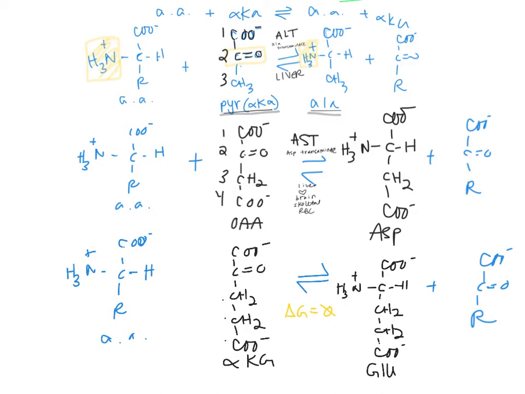So if you have a high concentration of alpha-ketoglutarate, then with Le Chatelier's principle, the reaction is going to push towards products and you'll get glutamic acid. If you had a high concentration of aspartic acid, then with Le Chatelier's principle, you're going to push more towards the reactants or the substrates, and you'll end up with more OAA.